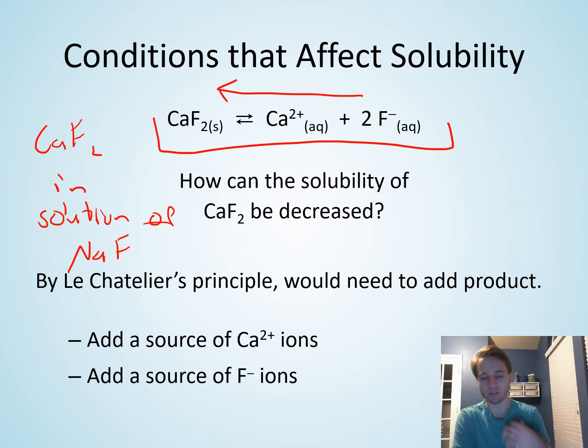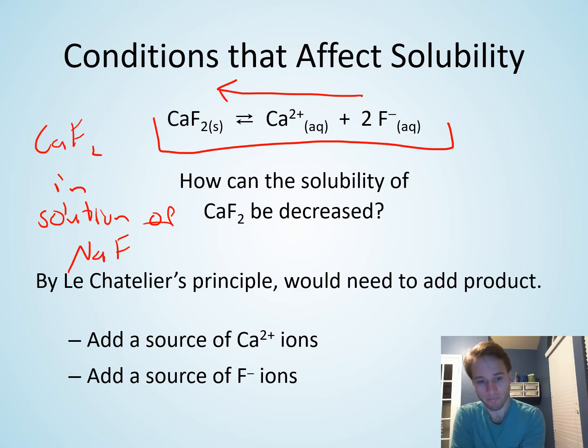So this is going to cause it to dissolve a lot less in a solution that already has fluoride ions, or calcium ions. And this is, again, that common ion effect that we talked about in the previous video here on Chapter 17, when we were talking about acid-base equilibrium. The same thing works here in solubility equilibria. When I add this common ion, it causes the percent dissociation of my salt to be much less.